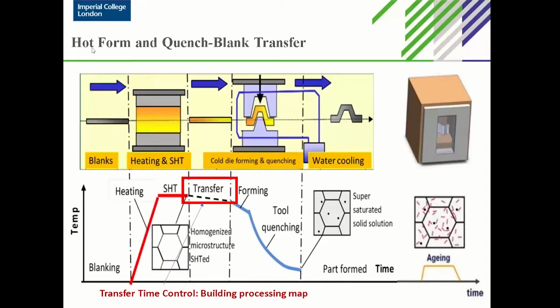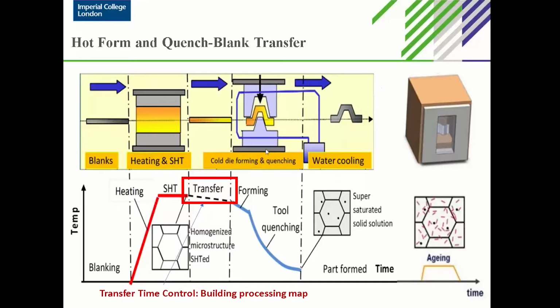Regarding hot form and quench, we also call it HFQ. This technique was developed by Imperial College London, and currently it is being used especially for forming high-strength aluminium alloy to achieve complex geometry components. It is being used in the automotive industry.